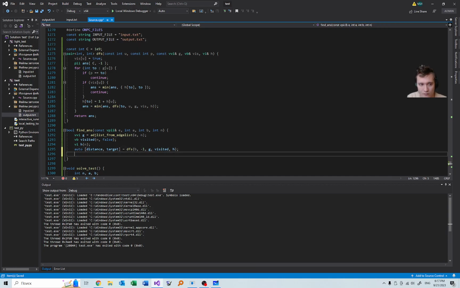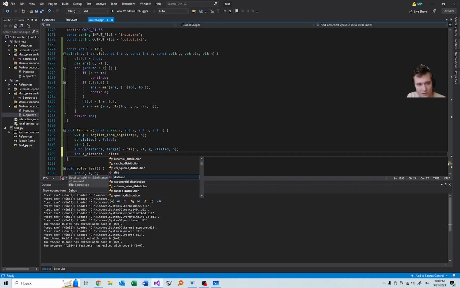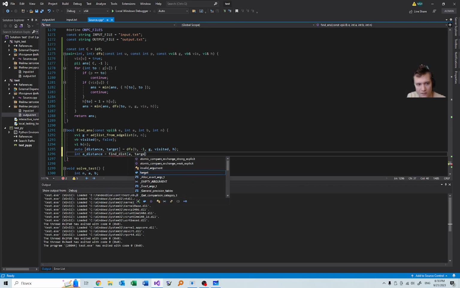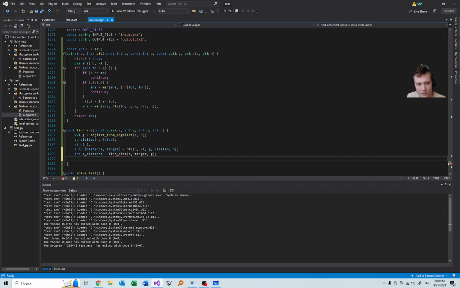Great. So now what I want is to say that int a distance equals distance between, defined dist between A and target in graph G, and we return that distance is less than A distance.